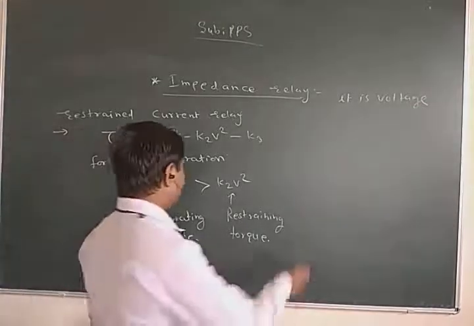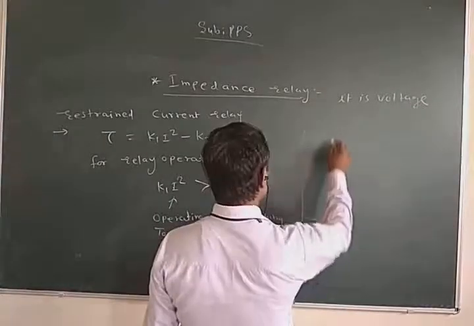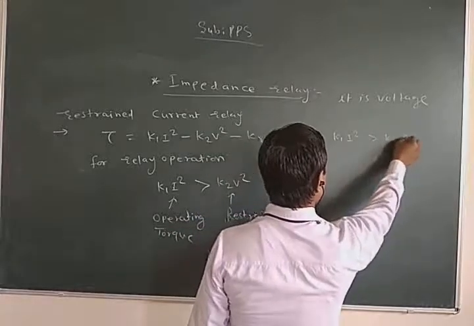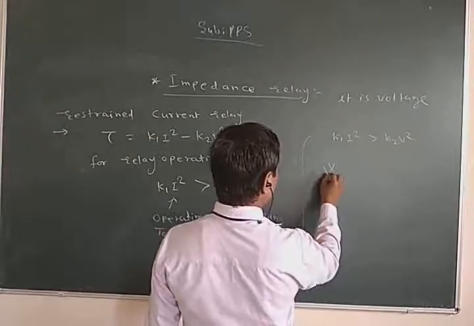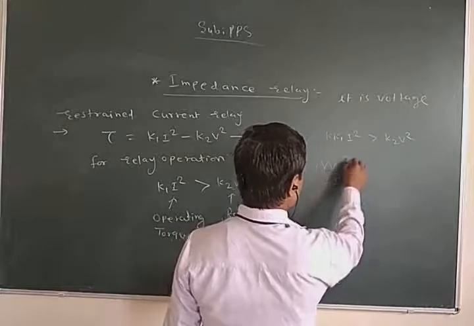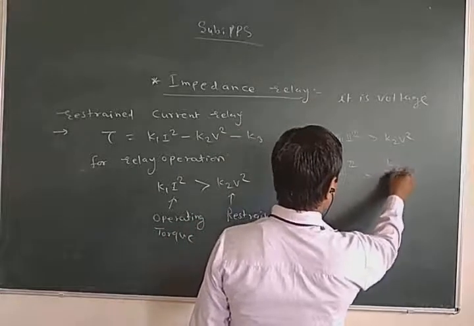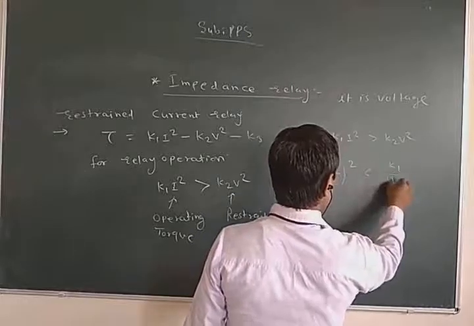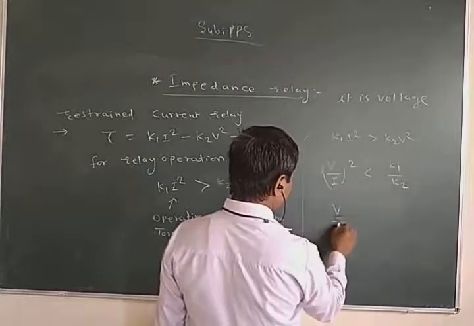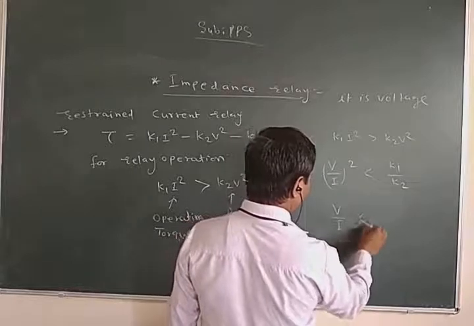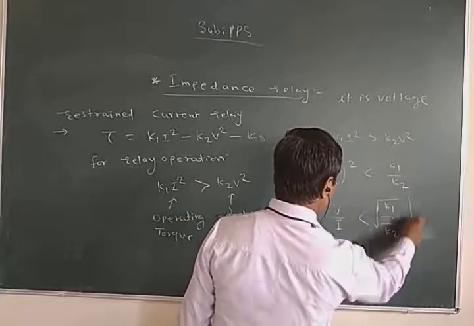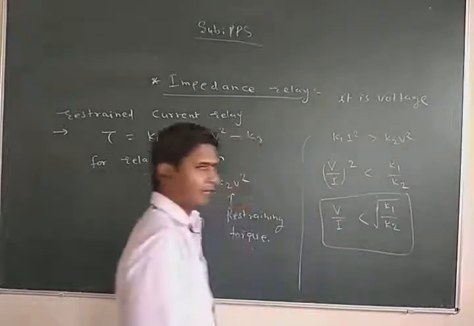So we can say that K1 I square is greater than K2 V square, or V upon I square is less than K2 upon K1, or V upon I is less than under root K2 upon K1, our relay will operate.